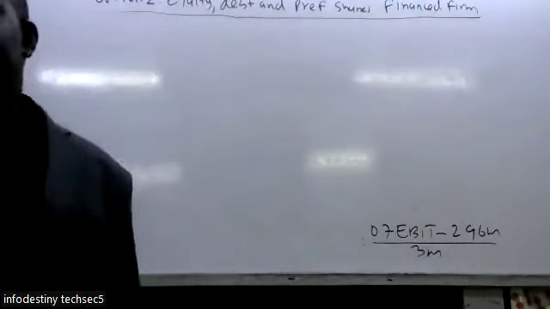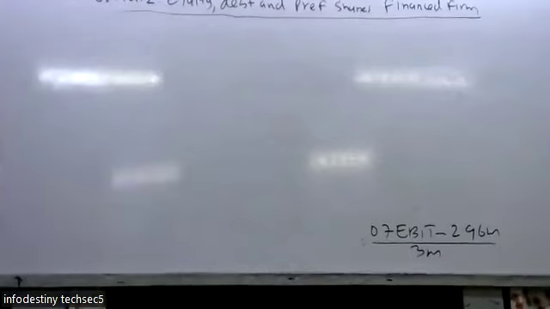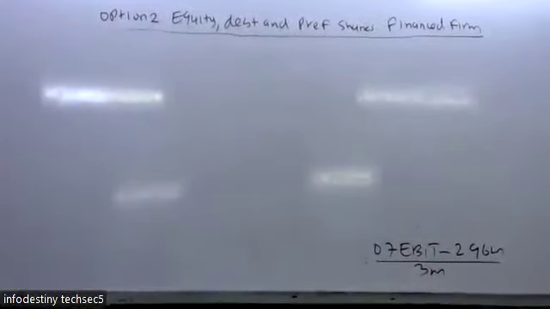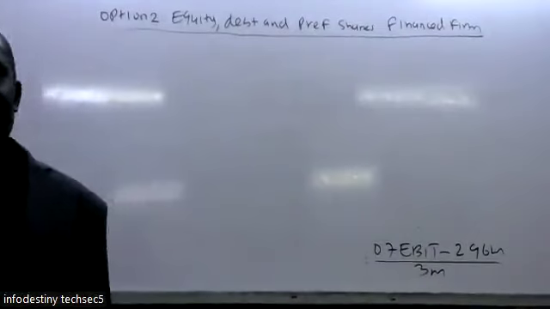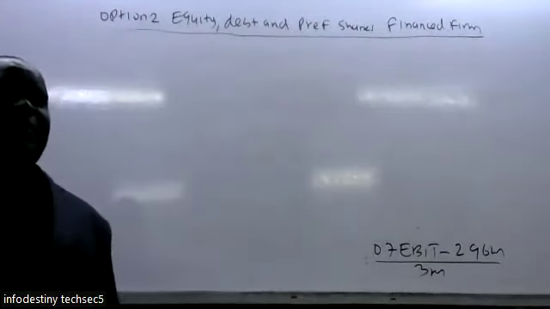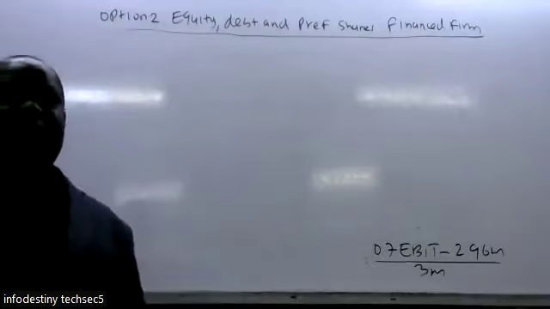So we use the current capital structure. We start with the current capital structure. So current capital structure, remember it had equity, debt, and preferred shares finance.